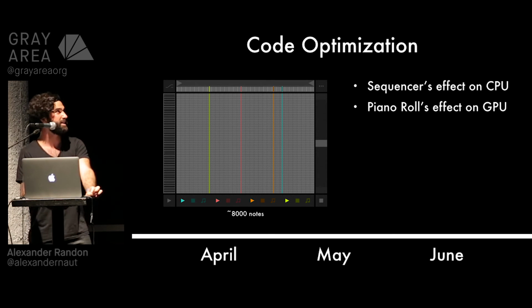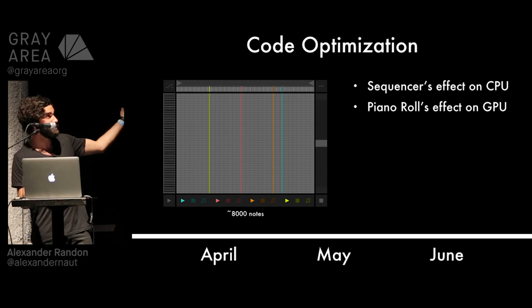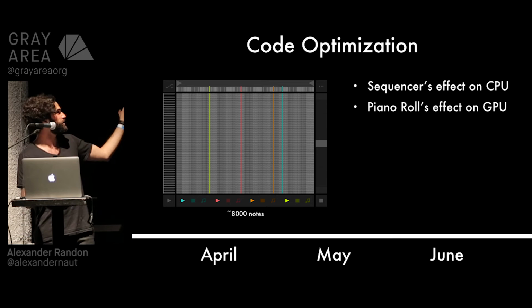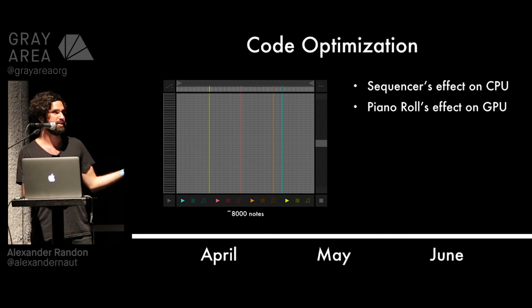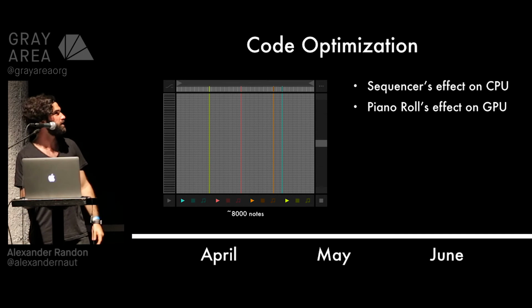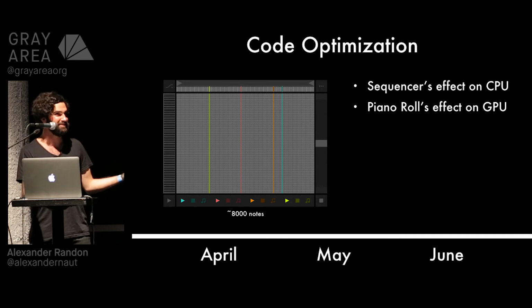I can dive into many things here, but I think most notable was the sequencer's effect on the CPU in this crazy corner case that no one would ever do, right? If you put 8,000 notes on the piano roll, and you have the playheads playing at maybe 8 times the master tempo, which is at 300 BPM, it sounds insane, you know?